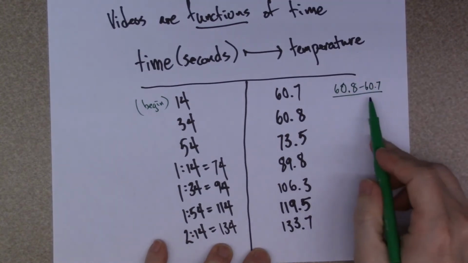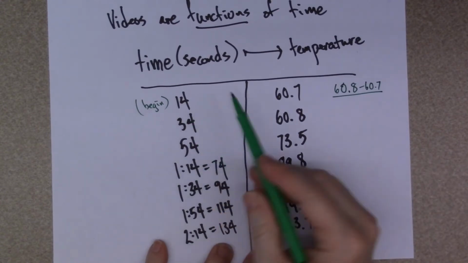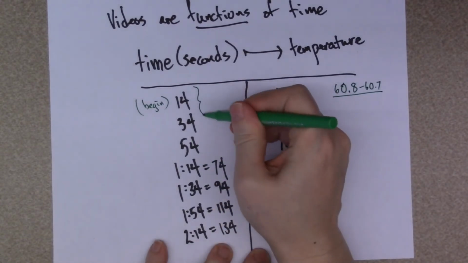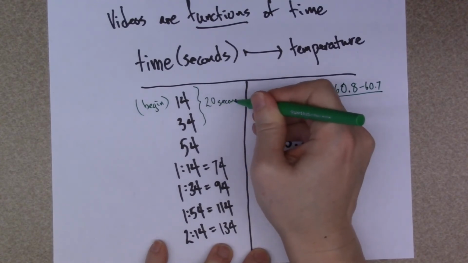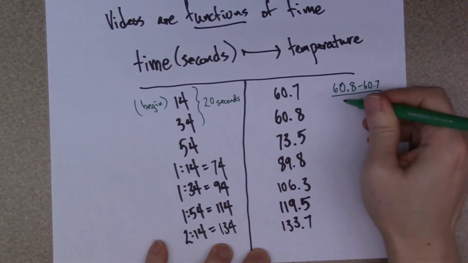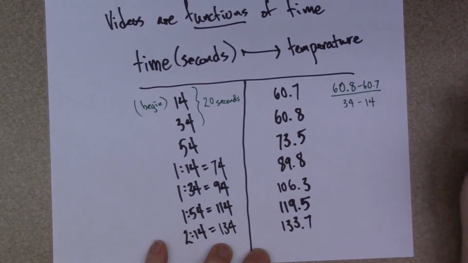And I can subtract those to see that it went up by 0.1 degrees. And how long did it take for that to happen? It took 20 seconds. Where did the 20 come from? It was 34 minus 14.